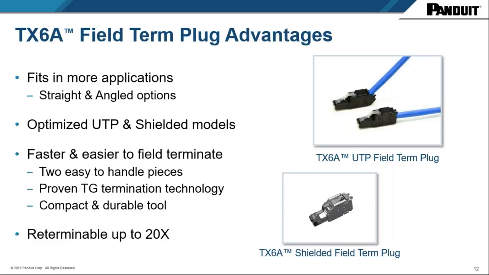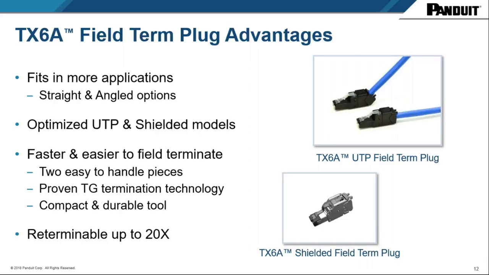The speed and the ease of termination is really what sets this product apart. Those two easy to handle pieces are what you're going to welcome if you're on the top of a ladder and you're at ceiling level handling this. You're going to want the minimum number of pieces and the fastest, easiest way to dress the cable, which is what that TG wire cap provides.